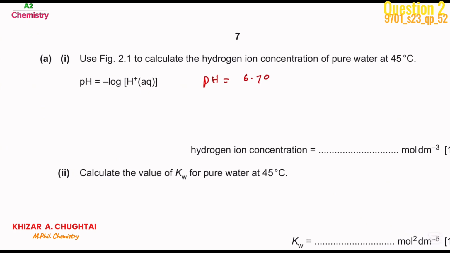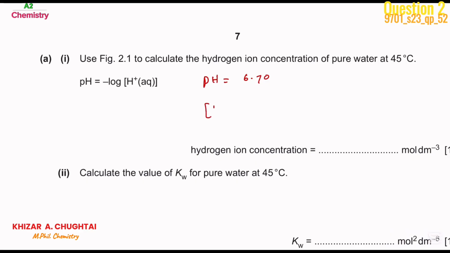Now, how to find the concentration of H positive ion with the help of pH? The basic formula is: H positive ion concentration is equal to 10 raised to power minus pH.